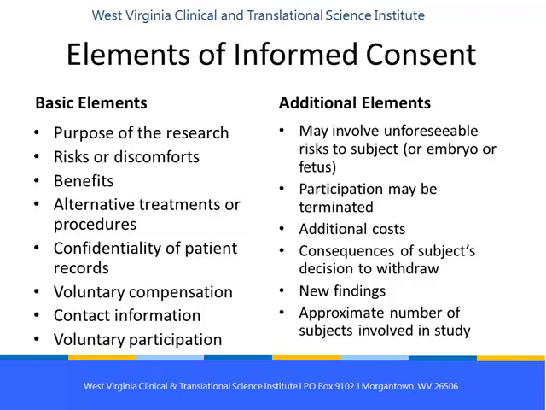It should be specific as to what those additional costs may be. Are there consequences of the subject's decision to withdraw? That new findings will be made available during the course of their participation. And the consent should also state the approximate number of subjects involved in a trial.